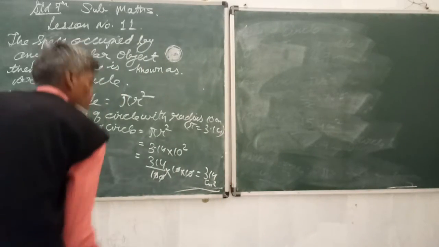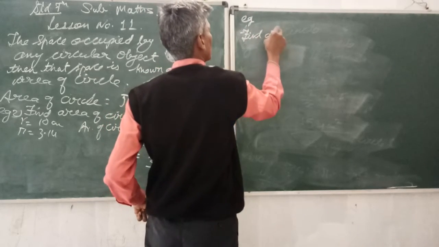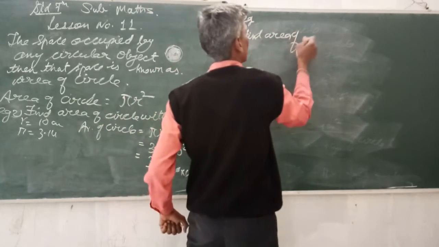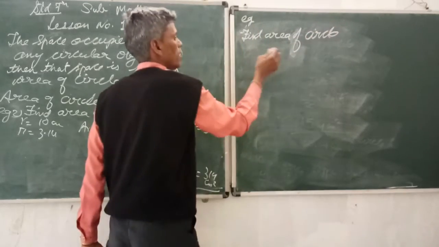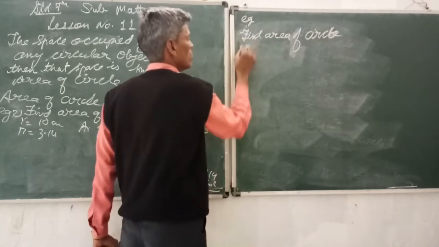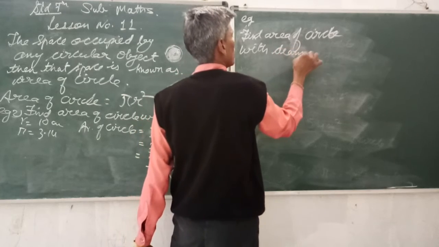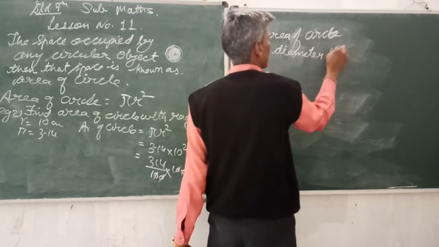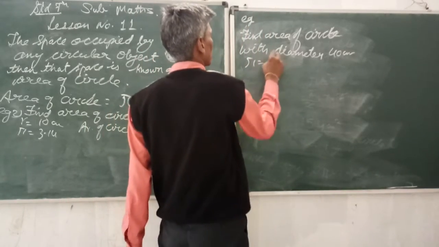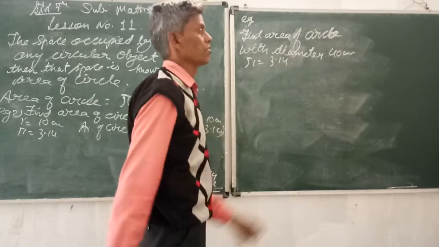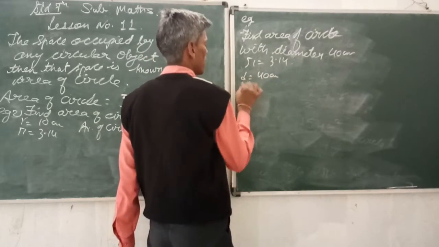Next example I am explaining. Find the area of a circle with diameter 40 cm, pi is 3.14. Here diameter is given, 40 centimeter.